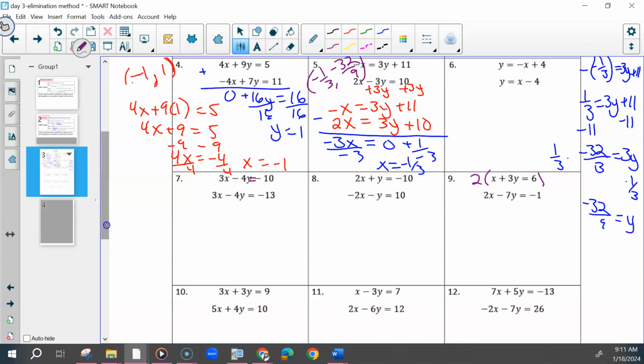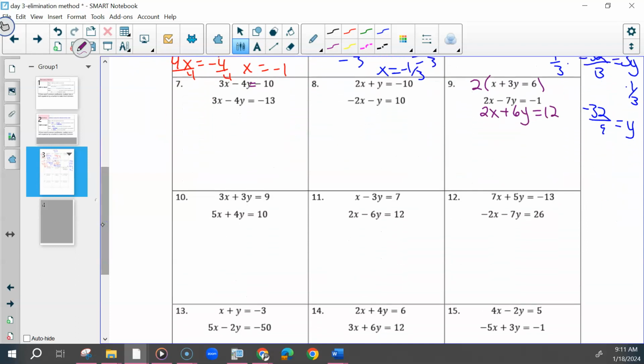And I'm going to write that underneath. So we have 2x plus 6y equals 12. Then everything else is the same. So to eliminate our x's, we would add or subtract. We have 0, negative 7 minus 6 is negative 13y, negative 1 minus 12, also negative 13. So what's our y value?